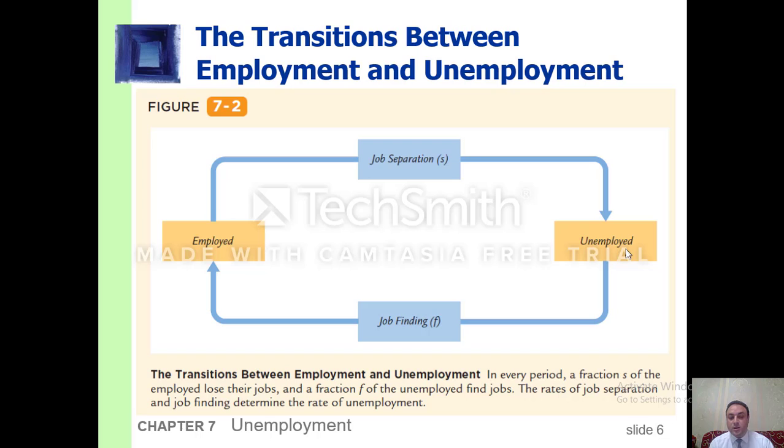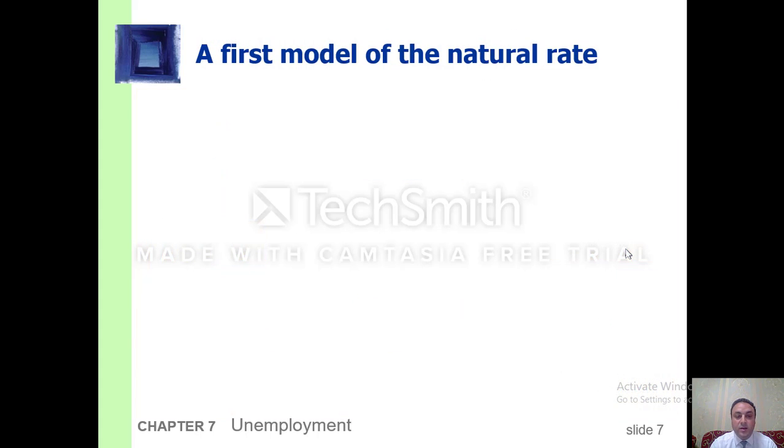Then we can also see a fraction of unemployed people, denoted by f for job finding, who find jobs. So s is for job separation, and f is for finding a job. The rates of job separation and job finding determine the rate of unemployment. We will see how this happens next.